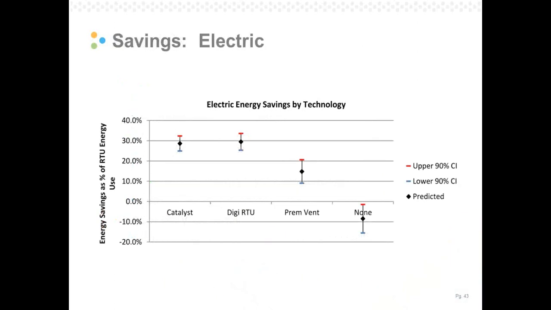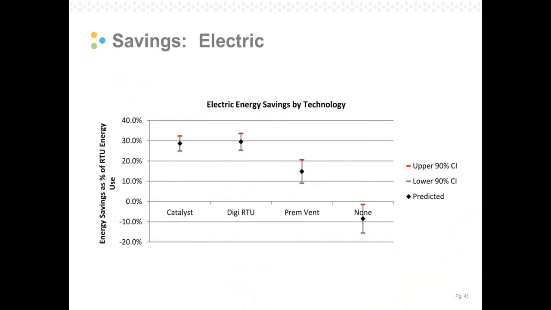So here's the electric savings for the units themselves. Catalyst achieved just under 30% energy savings. The Catalyst was 28%, the Digi RTU was 29%, and the premium ventilation was 15%. The interesting category here is the none category.